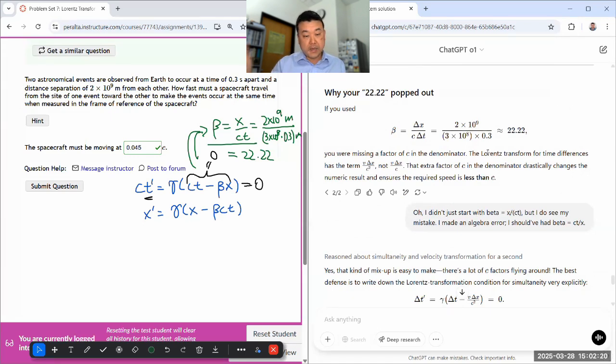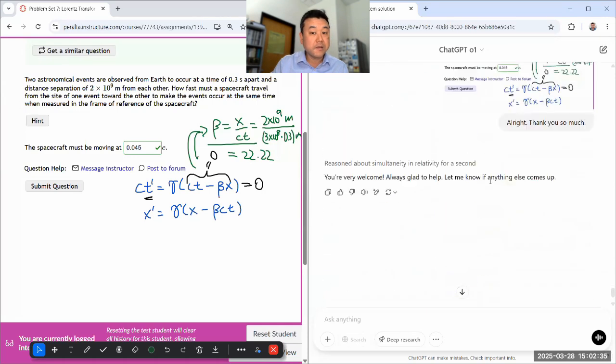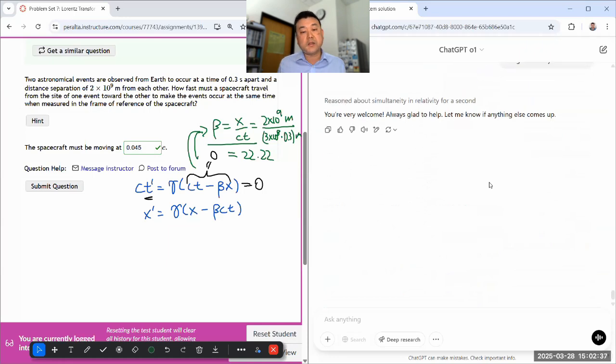There was a conceptual question that I used to ask that I don't ask this semester, about describing the twin paradox from the perspective of the traveling twin. Last year, ChatGPT didn't answer that one correctly, but this year, with the latest model, it wouldn't surprise me if it gets that fully correct.